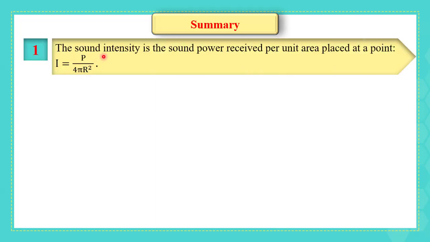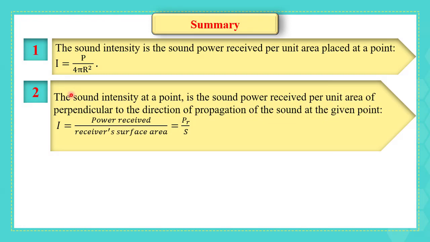Okay guys, here we finish this video. I will sum up what we took in it. First, the sound intensity is the sound power received per unit area placed at a point, and I equals P over 4 pi r squared. Second, the sound intensity at a point is the sound power received per unit area perpendicular to the direction of propagation of the sound at the given point, such that I equals power received over the receiver area.